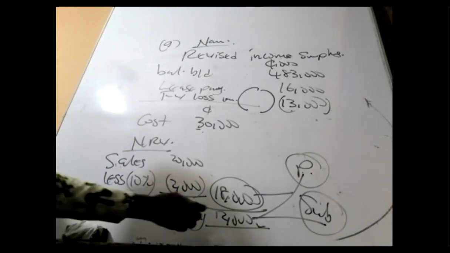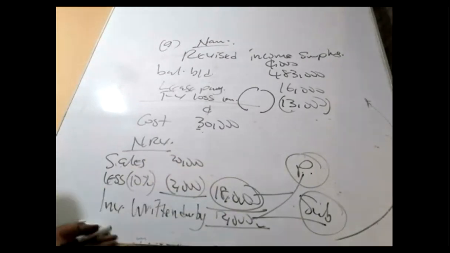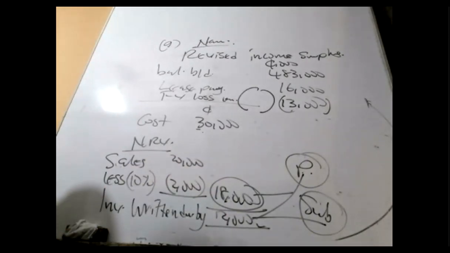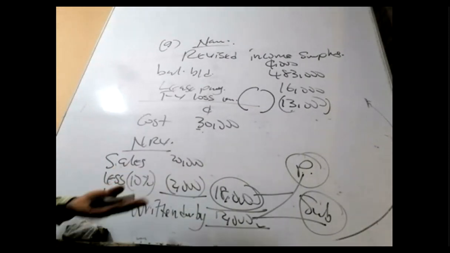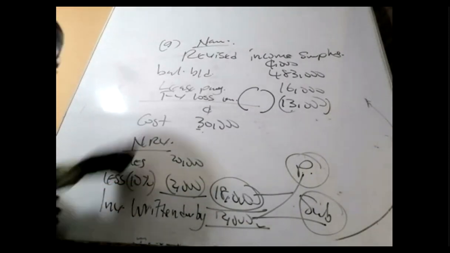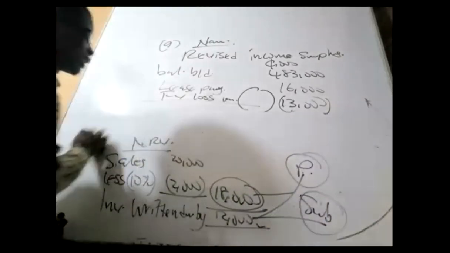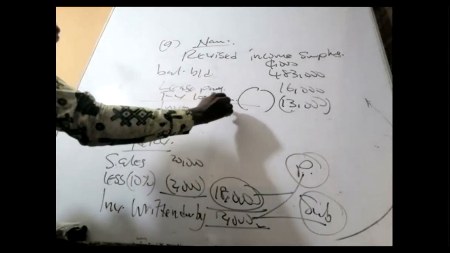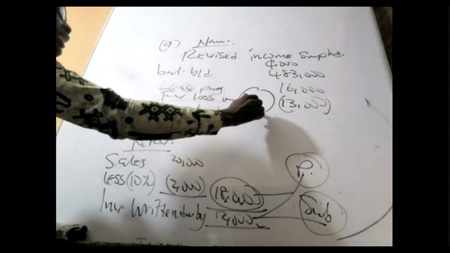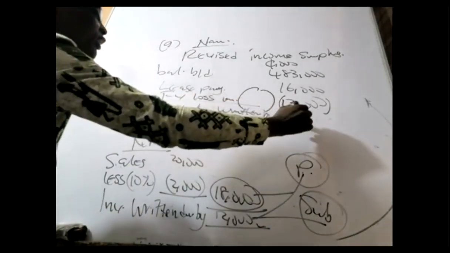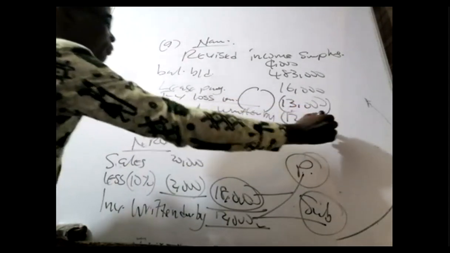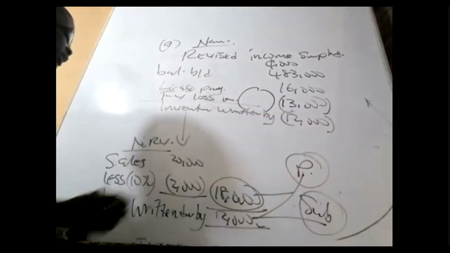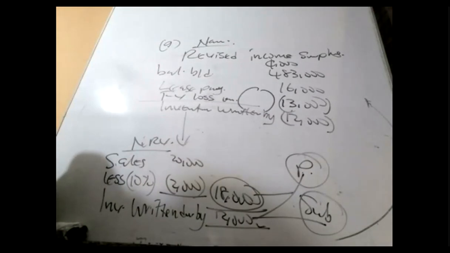The first leg, subtract this from your profit. It's an expense to you, since the inventory is written down. So I write here: inventory written down by 12,000. Examiner, this is my workings. Refer the examiner to the workings.